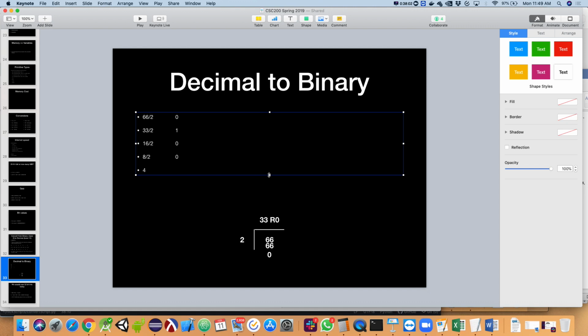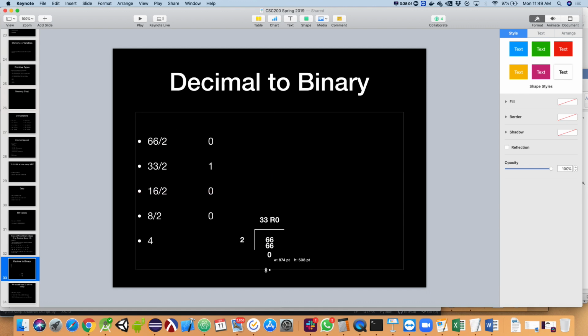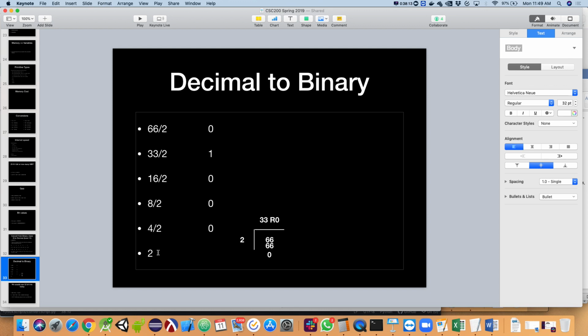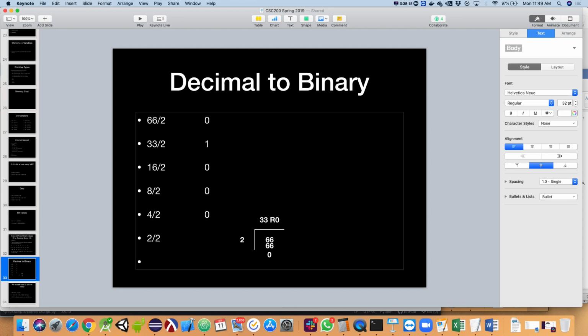Let me stretch this back down here. 4 divided by 2 is 2, remainder 0. 2 divided by 2 is 1, remainder 0. 1 divided by 2. How many times does 2 go into the number 1? 0 times. Doesn't fit. 0 times 2 is 0 with 1 left over.